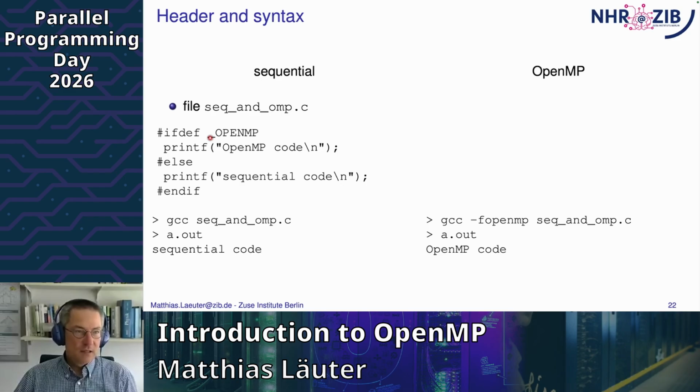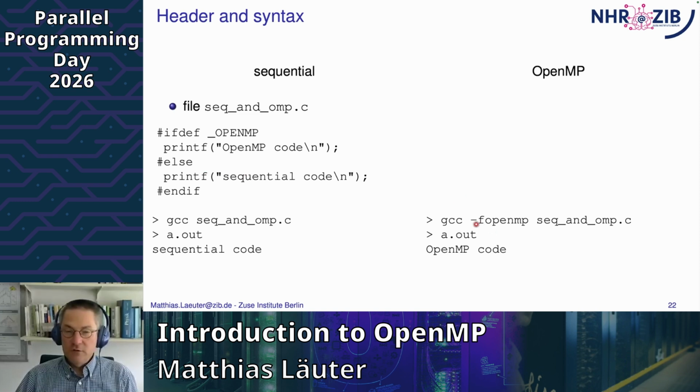Okay, and for convenience, you can use a preprocessor variable in your code, let's call it OPENMP, and you can write a line which is available for OpenMP and one which is for the sequential part. If you compile it without OpenMP, then the result is, oh yeah, it's sequential code. Here, that's a print.